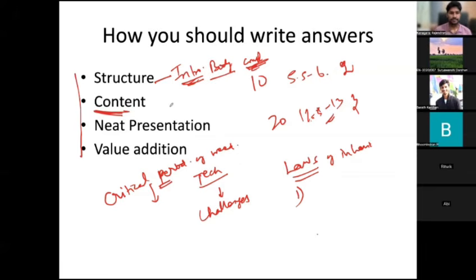Regarding the content, the quality of the content is more important, not quantity, because we have word limits in the compulsory question. So quality of the content is very important. Regarding quality, many students have this doubt about the science paper: whether we should elaborate a single point or write more points without elaboration, because the page limit is also there.